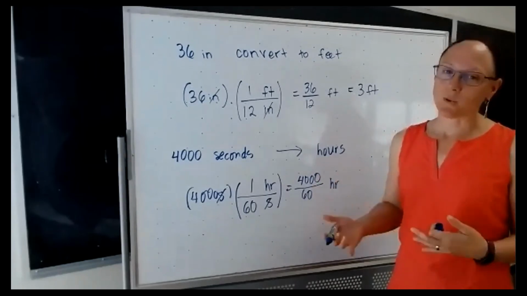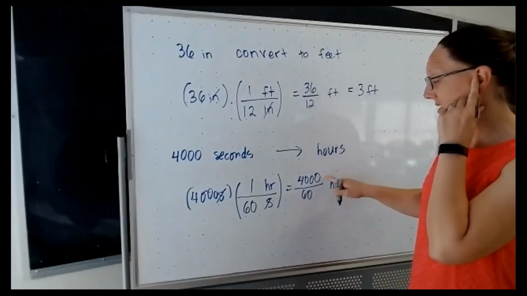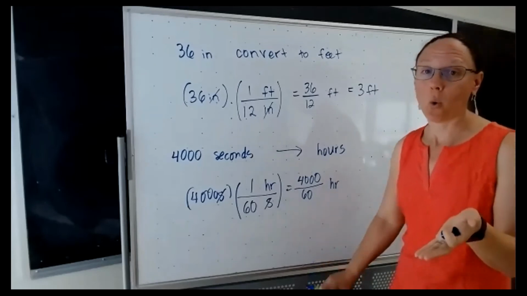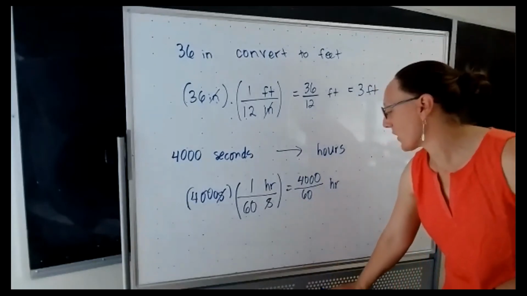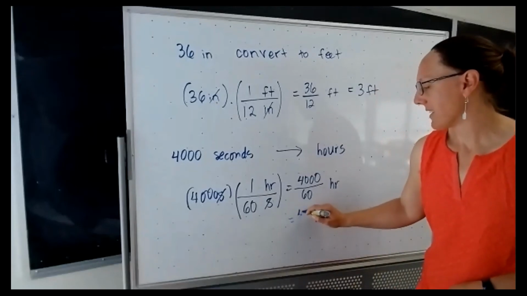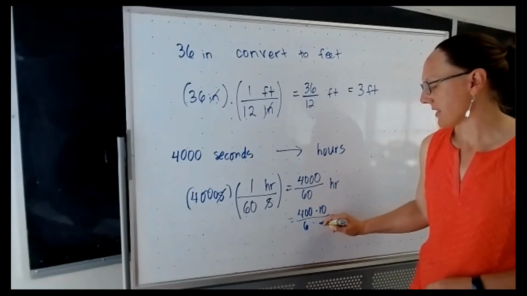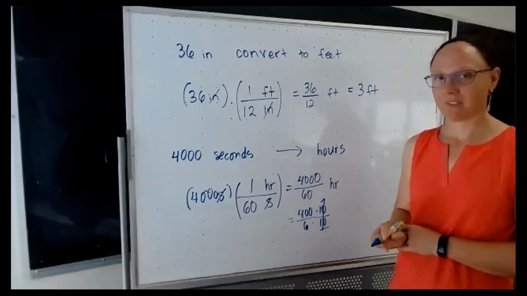But we want to reduce that as much as we possibly can. So for starters, I can definitely divide the top and the bottom both by 10, or the other way to think about that is to rewrite that 4,000 over 60 as saying 400 times 10 over 6 times 10, so that my 10s will cancel.